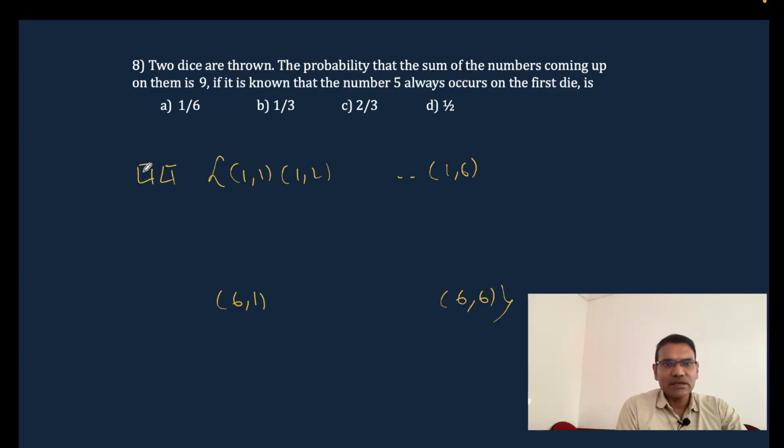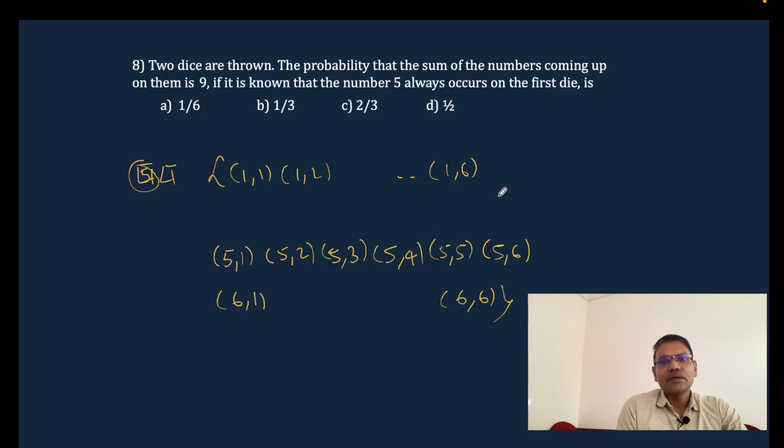The condition is that in the first die always 5 should be there. So 5 1 is one possibility, 5 2, 5 3, okay. So these all are possible. See, this is a conditional probability problem. So maximum how many outcomes do we get? 6 outcomes.